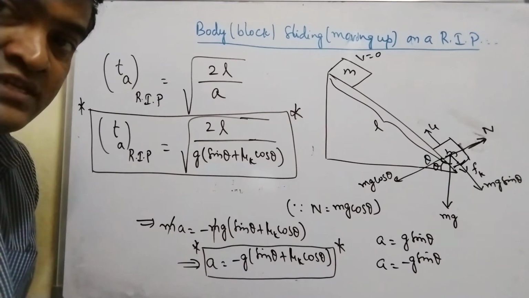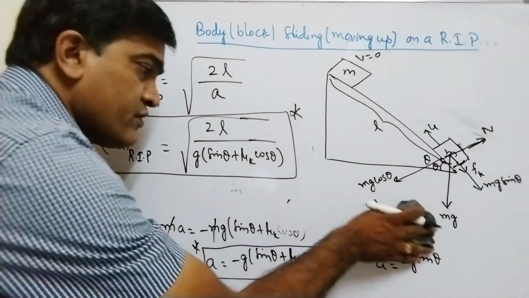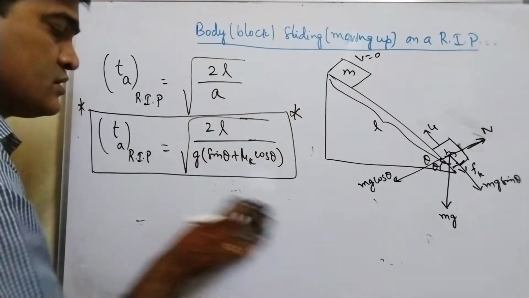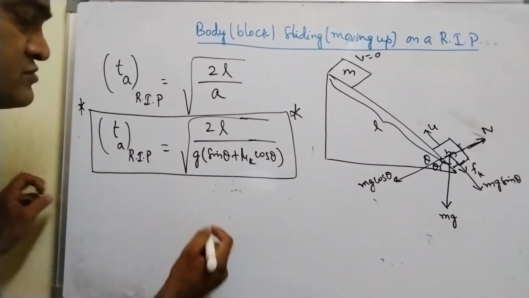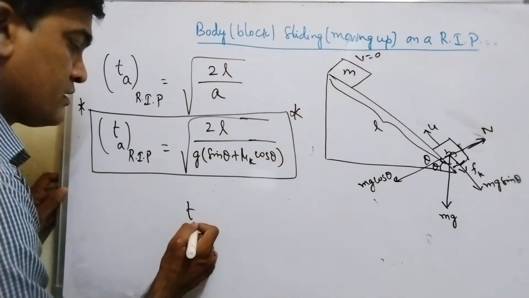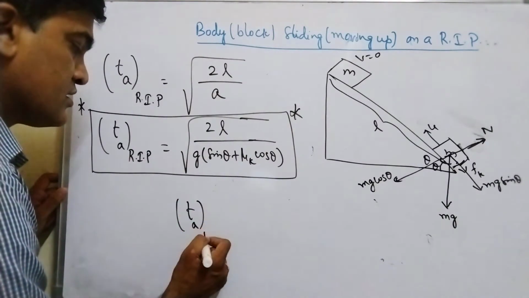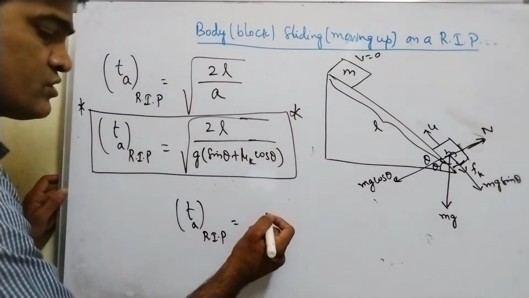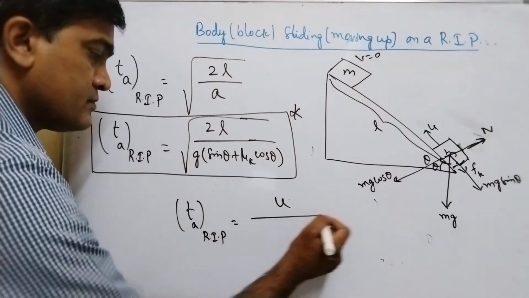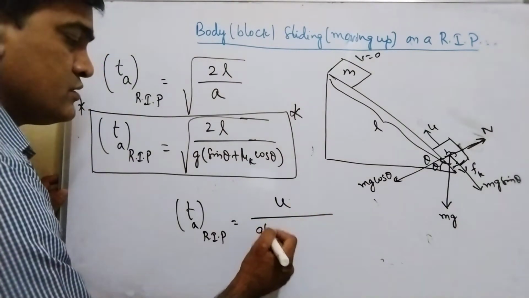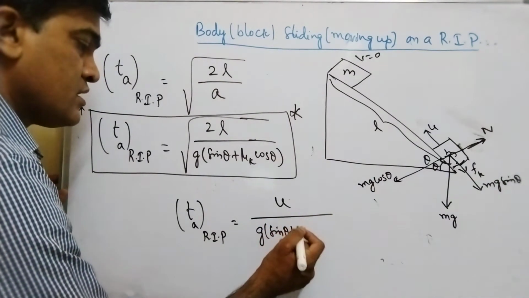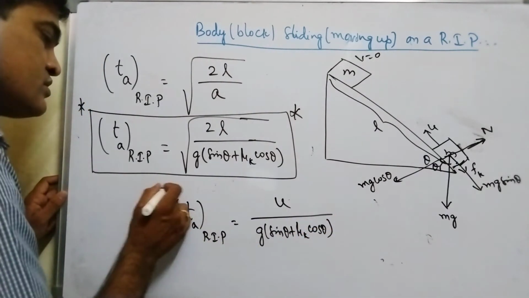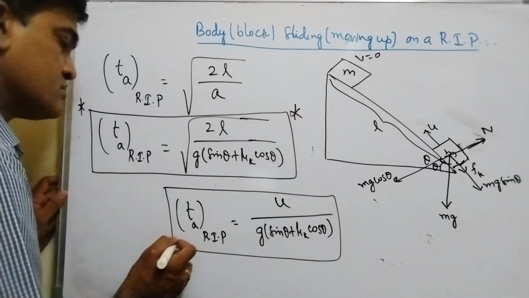If I ask you the formula for time of ascent in terms of velocity, not in terms of length, in case of a rough inclined plane, what you will get is u by g into sin theta plus mu k cos theta. This is in terms of velocity.